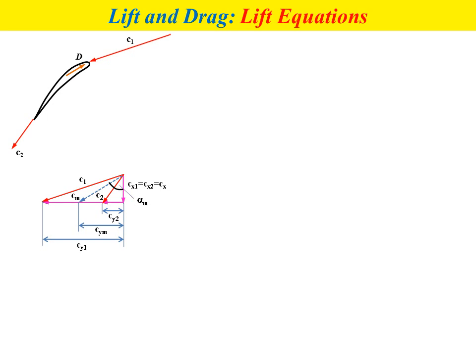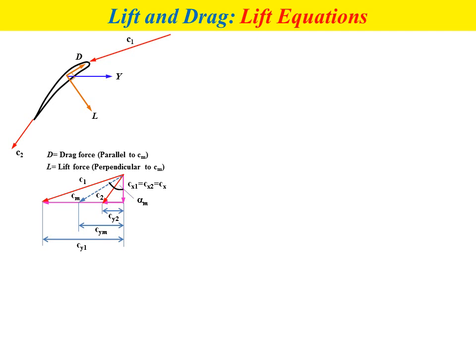We have the D vector, the drag force vector, whose direction is parallel to the Cm vector with reverse direction. And we have the L vector, the lift force vector, whose direction is perpendicular to the Cm vector.